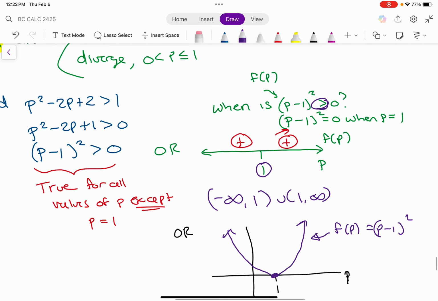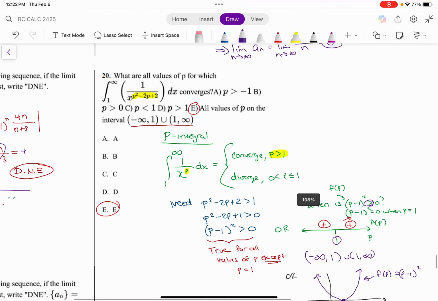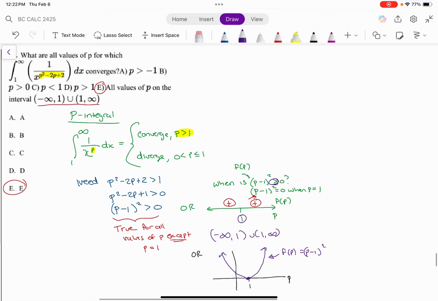So any of these approaches is totally legitimate. It's actually a nice synthesis of a lot of mathematical ways of thinking, I guess. Anyway, the answer is E. So hopefully one of those ways gave you something to think about.